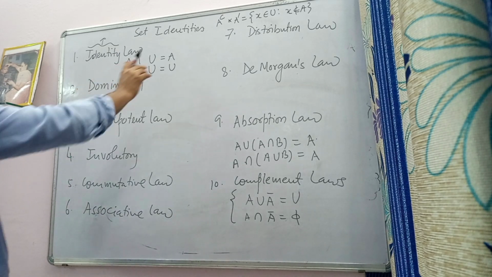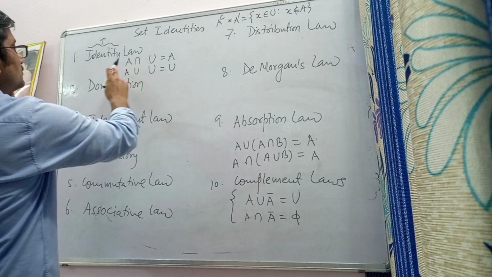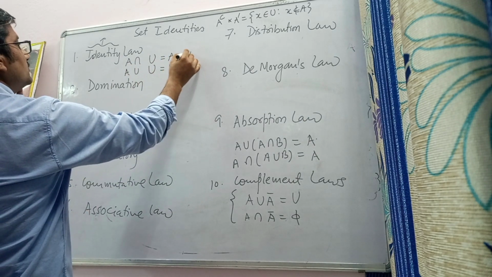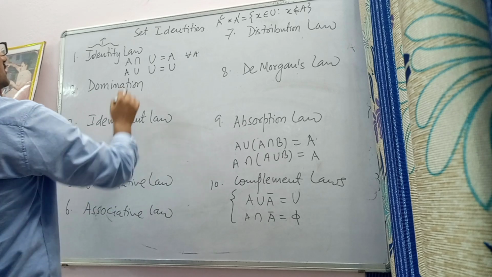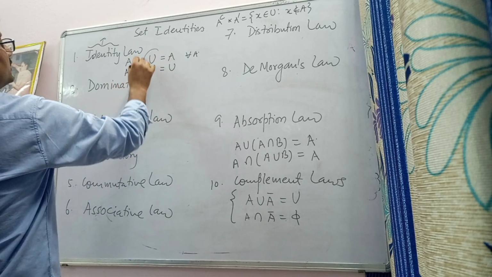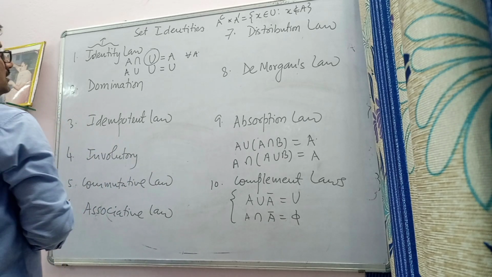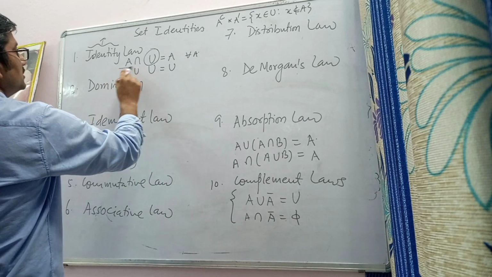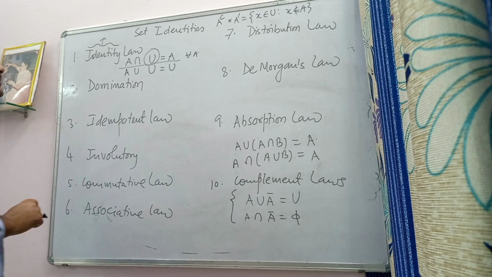So identity means effectless, a property which is true for all A. Okay. So what is the identity here? The identity is the universal set. So for the intersection operation, the universal set is the identity.